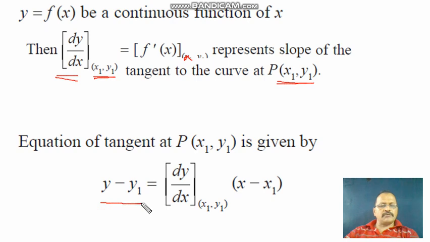So the equation of tangent at P (x1, y1) is y minus y1 is equal to dy by dx at (x1, y1), or you may write f dash a, into x minus x1, where f dash a is the derivative evaluated at x1 equal to a.